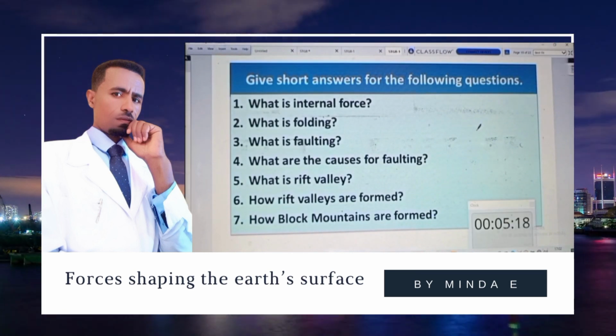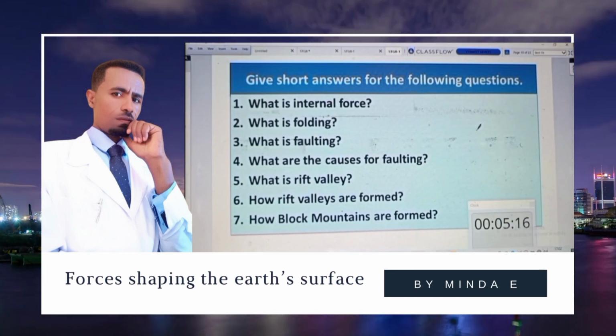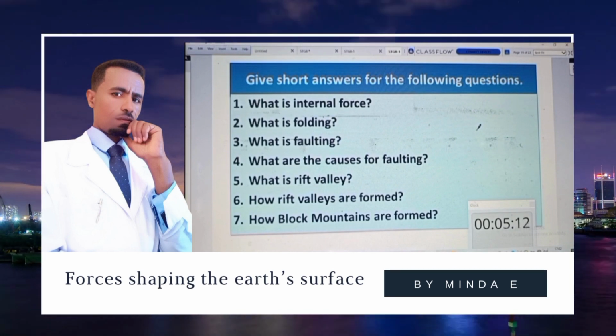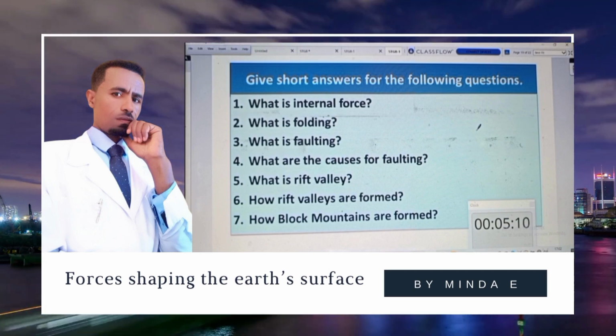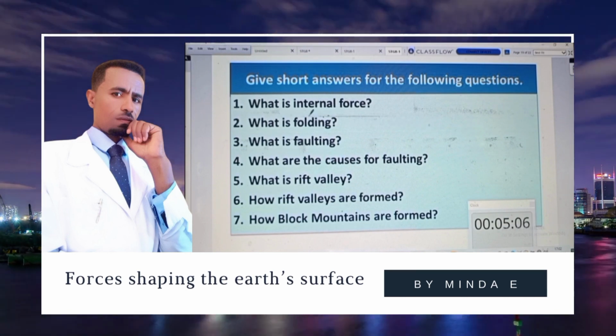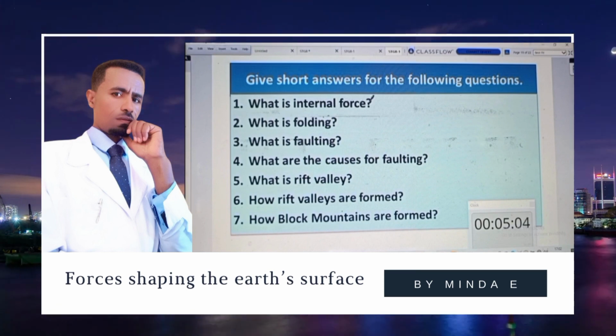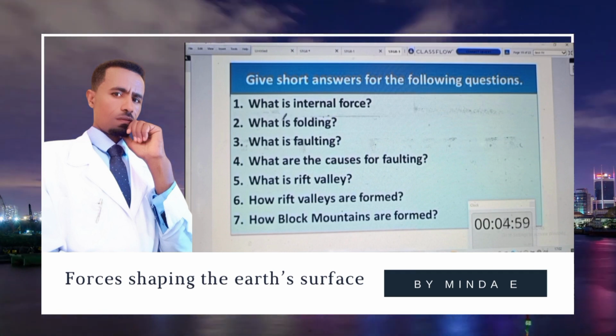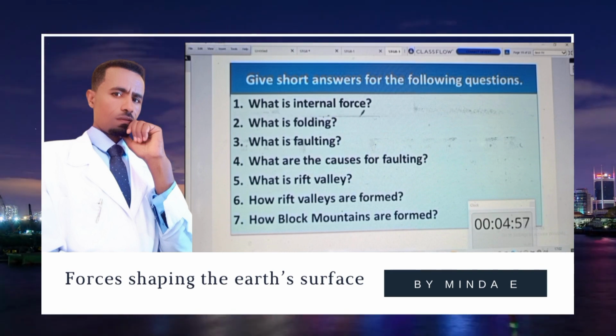And here we have 7 questions. Please try to answer these questions. Give short answers for the following questions. Question number one: what is internal force?